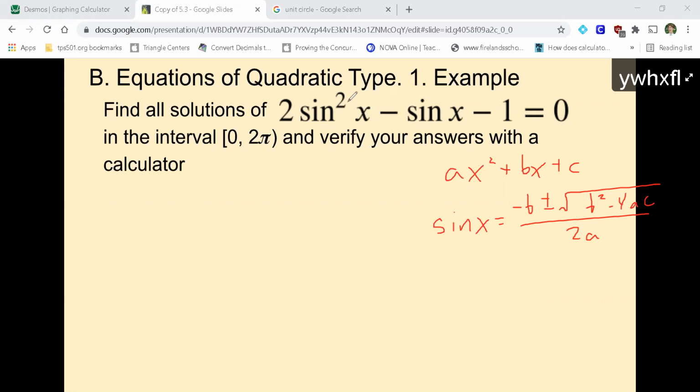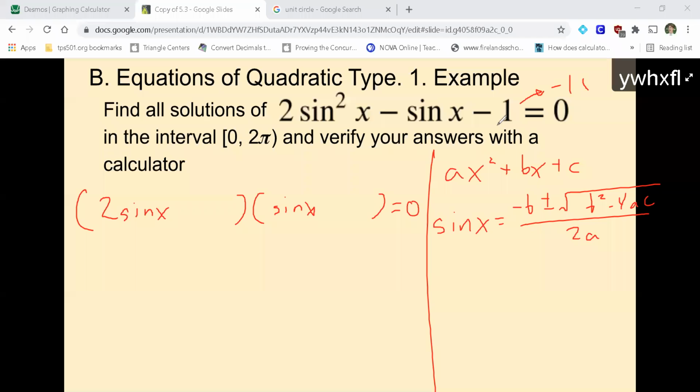So if I wanted to factor this trinomial, my lead term will have to be 2 sine of x and sine of x. That way I get 2 sine of x times sine of x is 2 sine squared. For my second term, the factors of -1 are only -1 and 1.